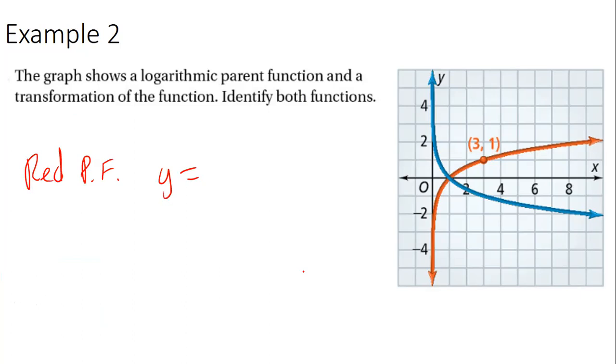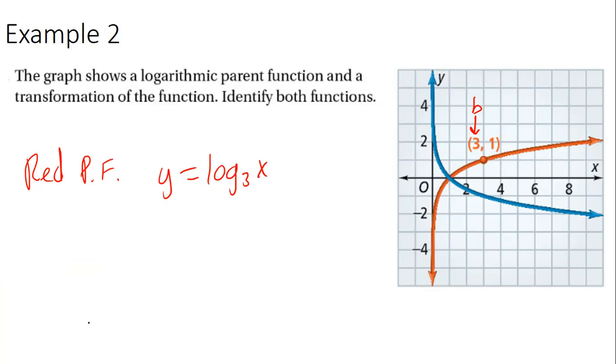Good job. All right, it is log base 3 of x because what is the value of your x when y is 1? 3. So you know that it's log base 3 of x is the parent function.